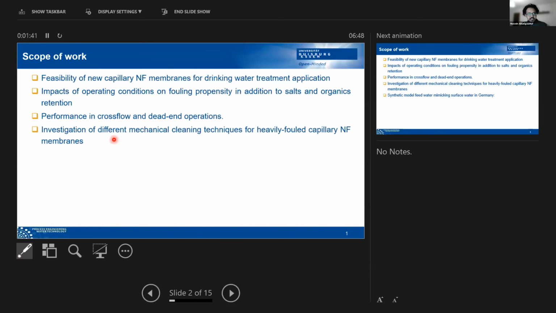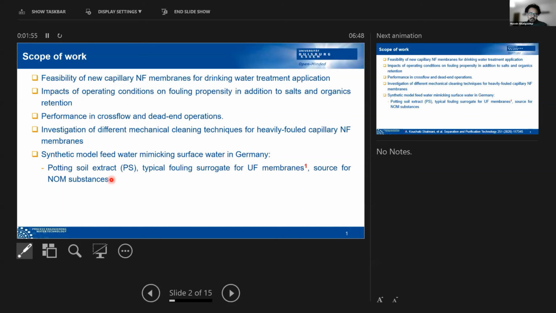Also, we wanted to investigate different mechanical cleaning techniques for heavily fouled capillary nanofiltration membranes. To perform these fouling experiments, a synthetic model feed water mimicking the surface water in Germany has been introduced. This model water is prepared using potting soil extract, which is a typical fouling surrogate for UF membranes, as a source of natural organic matter substances.